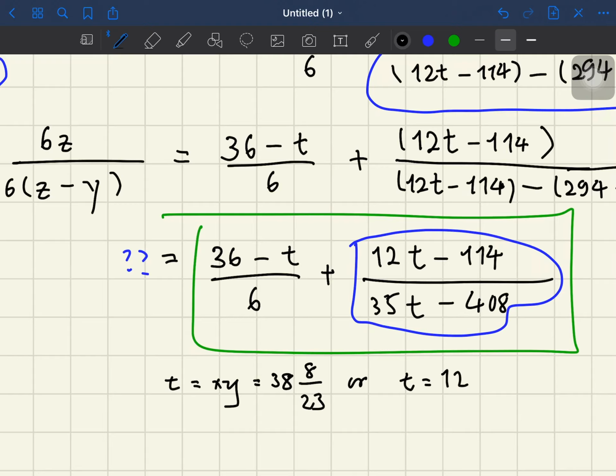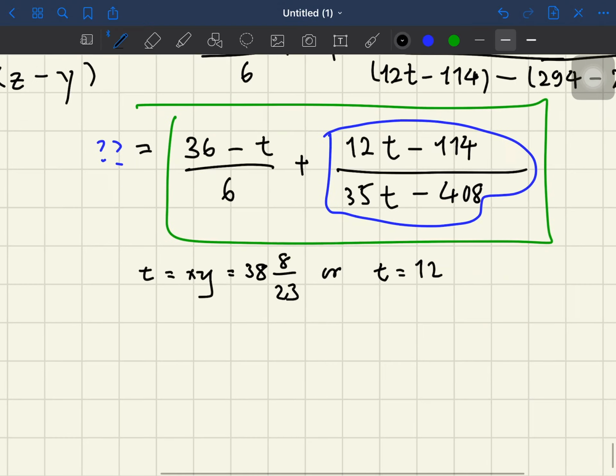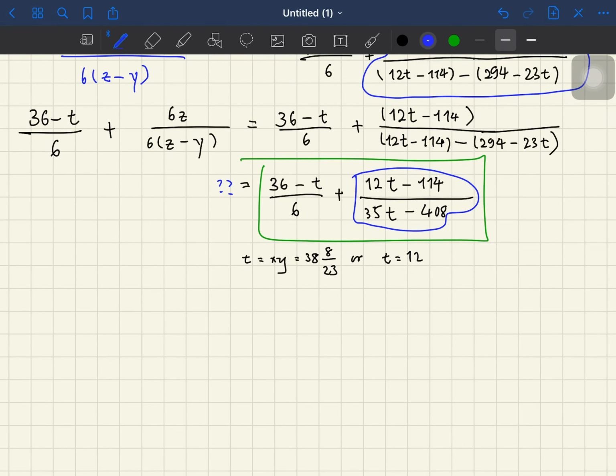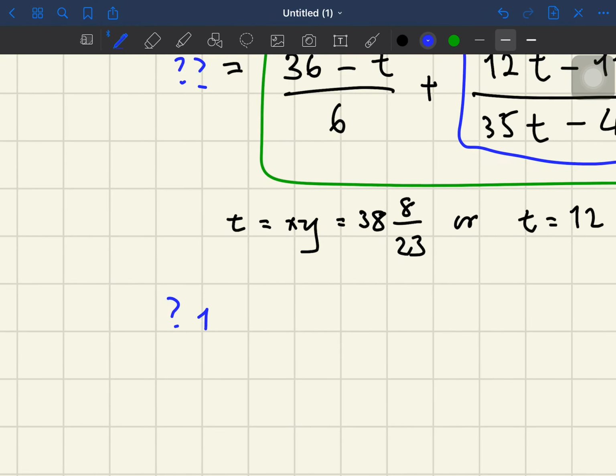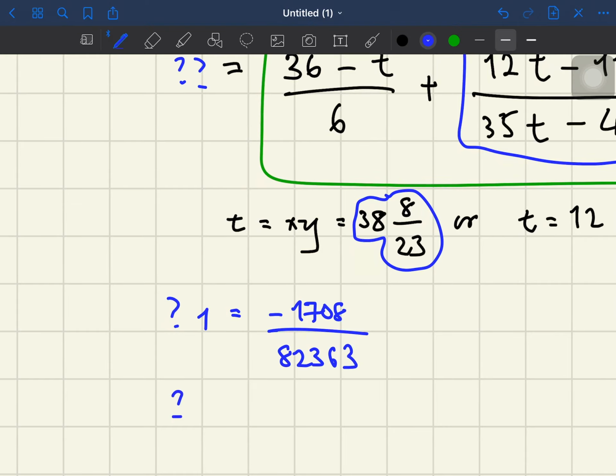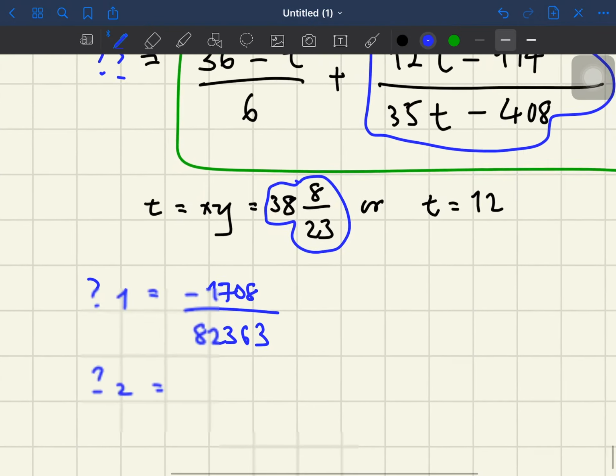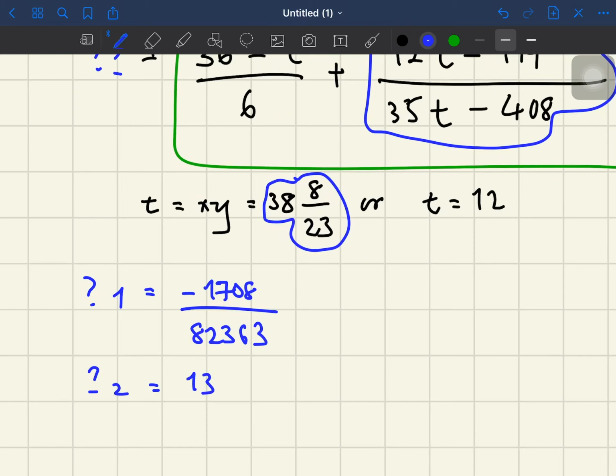And you will get two answers immediately. The first question mark answer, if you use 38, you will have negative 1708 over 82363, and the second question mark answer, you will get 13 over 2, which is equal to 6.5.